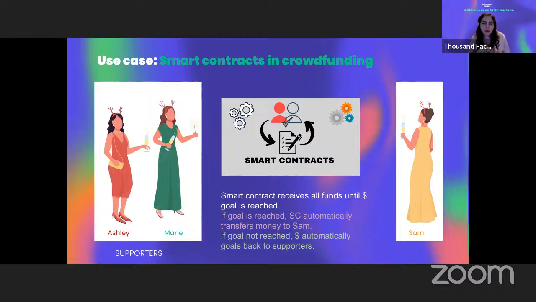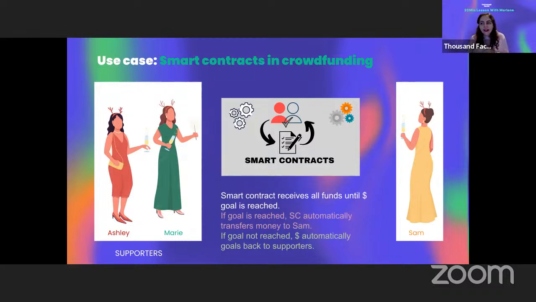So how does this work? The smart contract is stored in the blockchain, and her friends are transferring the money, as stated in the smart contract, to Sam. If the crowdfunding goal is reached, let's say again the 2 million, the smart contract automatically will transfer the money to Sam.